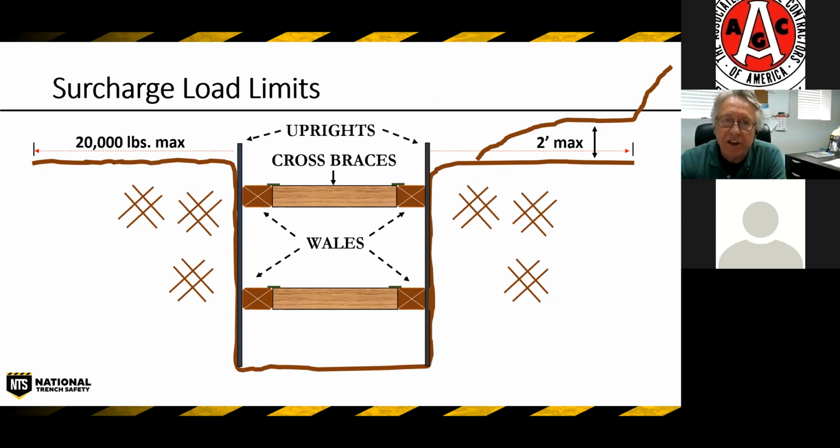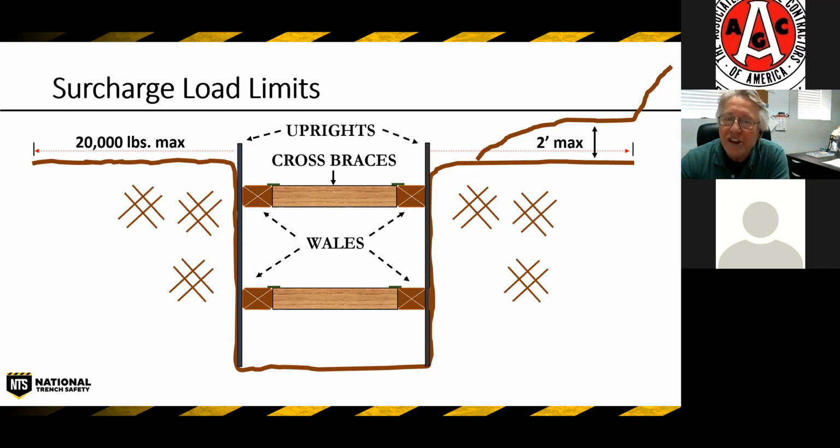In Appendix C, in the adjacent area, we are limited to a 20,000 pound surcharge from equipment, and we're limited to a maximum of a 2-foot high spoil pile within the adjacent area.